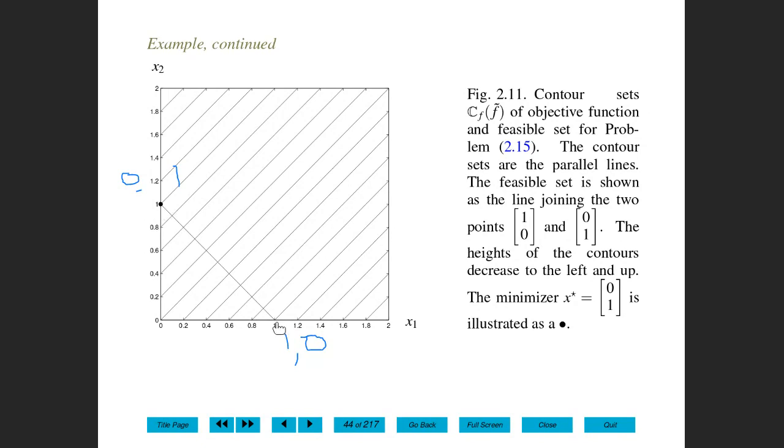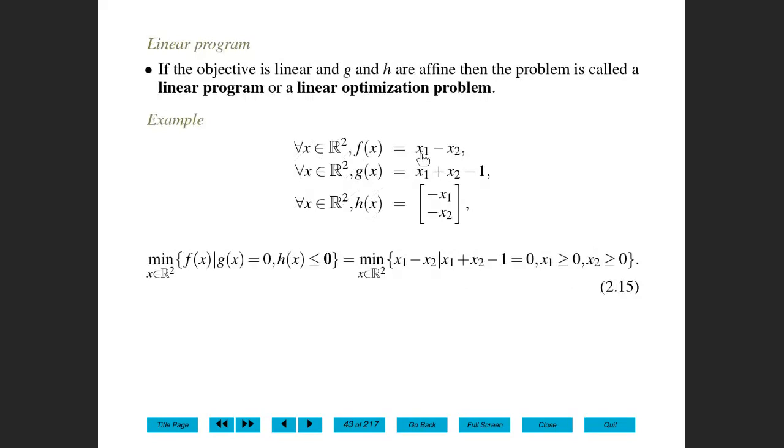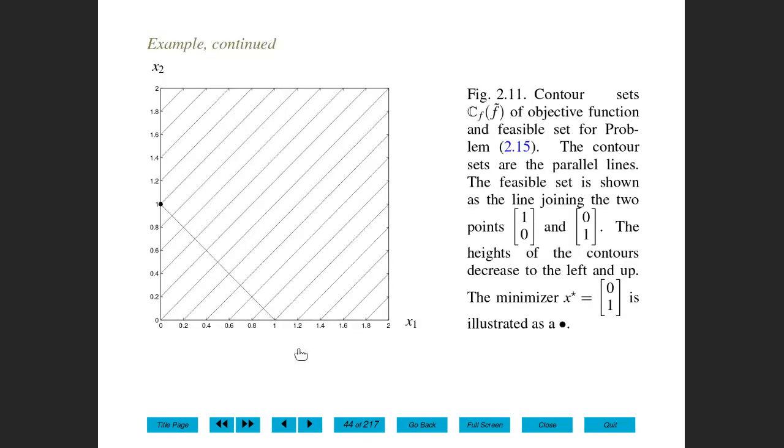Let's say some student makes a mistake and says the minimizer is here, at (1, 0). If you plug it in, you get 1 minus 0, which gives you 1. But just for an instant, try the other extreme, (0, 1).